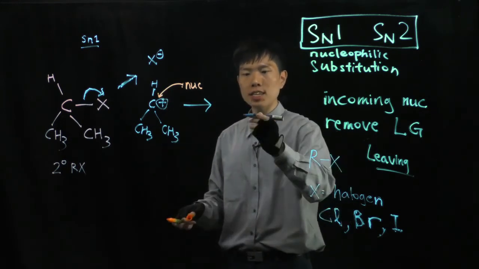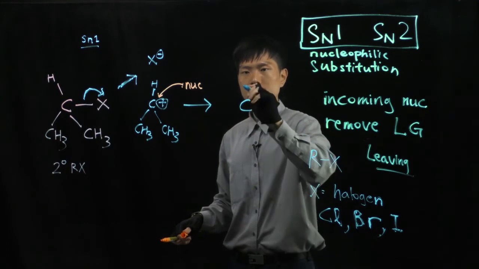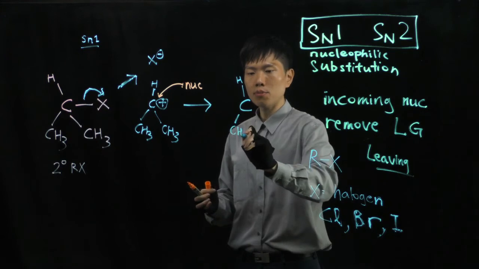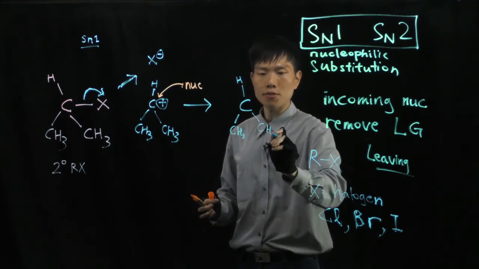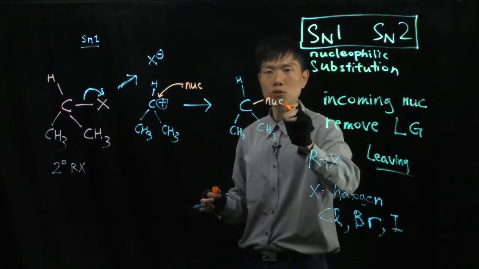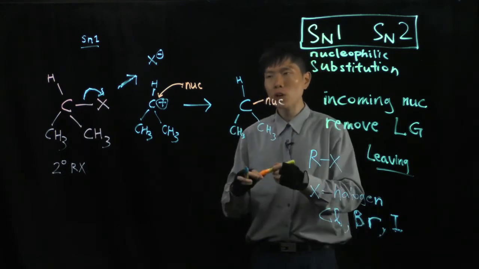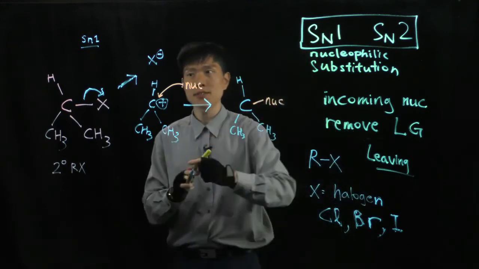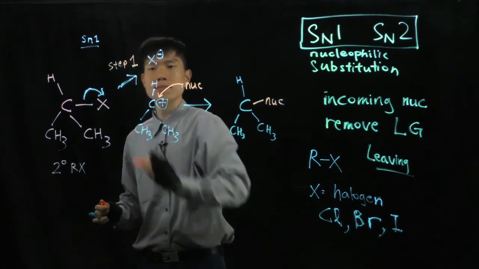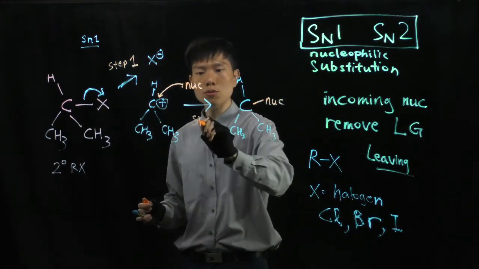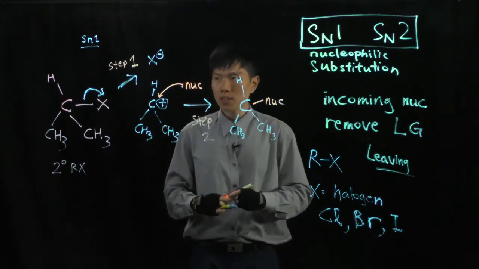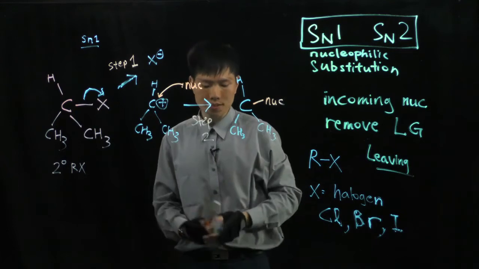So eventually you will have the final product where you have used your nucleophile to replace the leaving group, that is your halogen. Alright. So all in all, you see there are two steps here. Step 1 and step 2. This is an SN1 reaction.